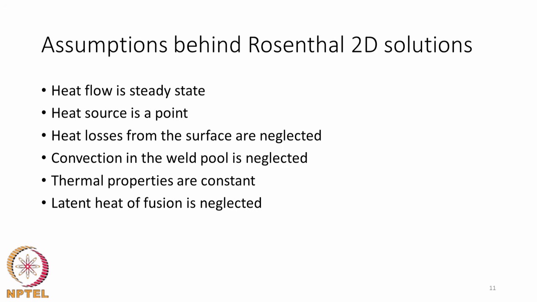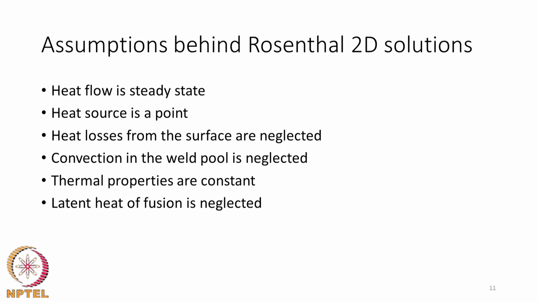It is also assumed in a 2D solution of Rosenthal that the heat source is taken as a point, and the heat losses from the surface by convection and radiation are ignored, and if at all there is any liquid that is forming, then the convection in that liquid pool is also ignored.